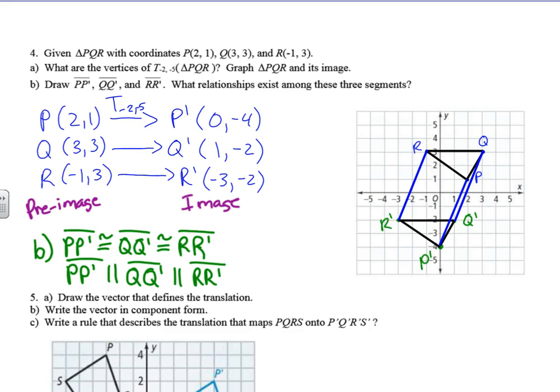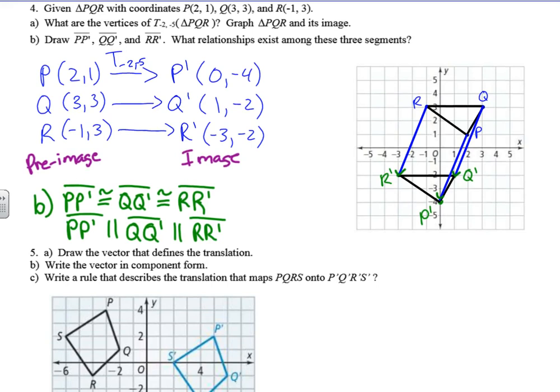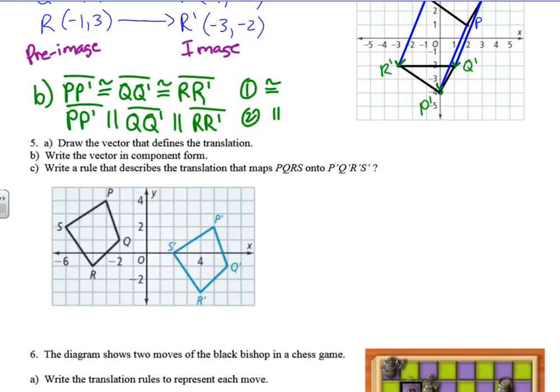All right, so there we go, and those are the vectors. With a vector, we'd also want to put a little arrow to indicate the direction. So number one, they're congruent. Number two, they're parallel to each other. All right, a couple more questions here.